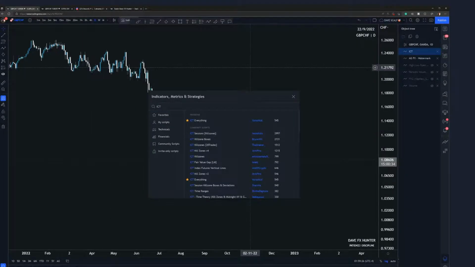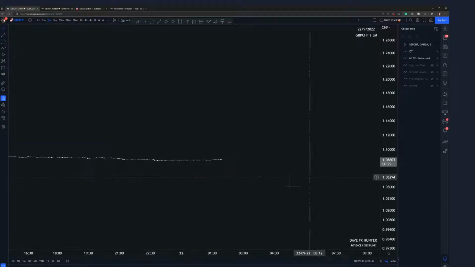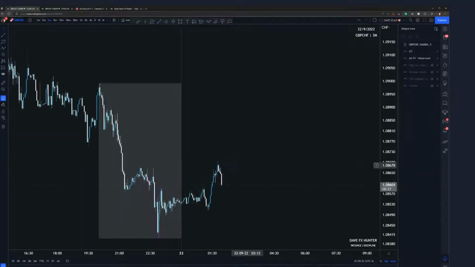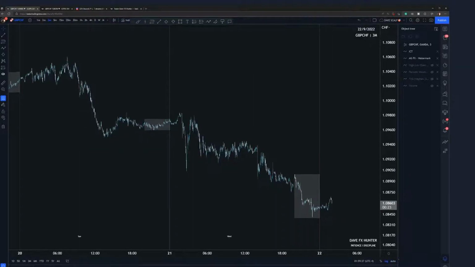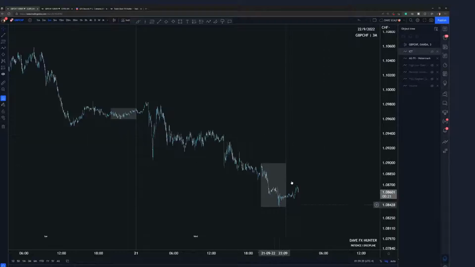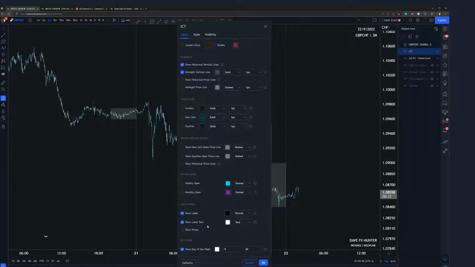Yeah, so you can do a lot of adjustments. I'm basically using just a couple of things because I like to have clean charts. But what is useful for me is to have the Asian session these days, and that's it. I actually have turned off a lot of things here.